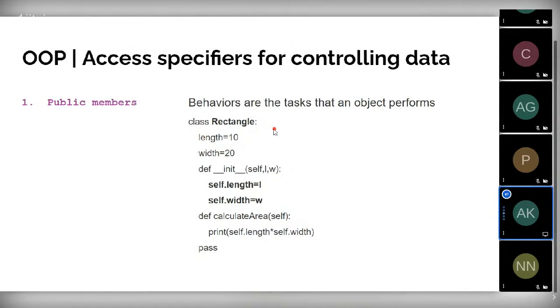To define public members, you don't need to do anything, just use the simple technique of creating the class, and you can get the value of length and width. In all the previous examples, whatever properties we created were public.